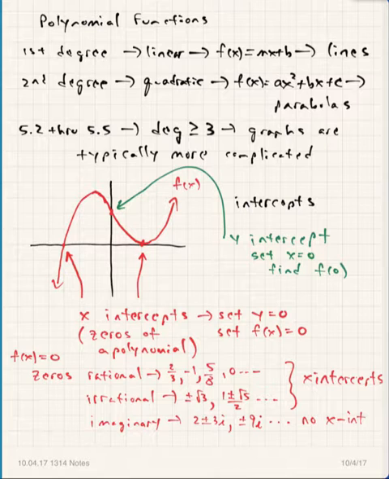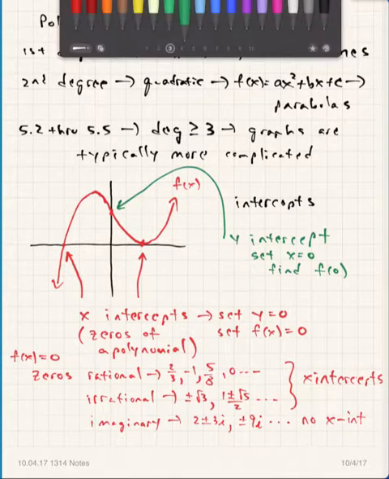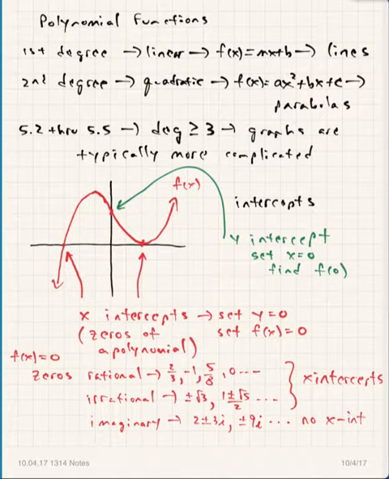One other thing to talk about with x-intercepts before we leave that is the fact that if you look at those two graphs, you have what we might call a crossing intercept right here, this first one.